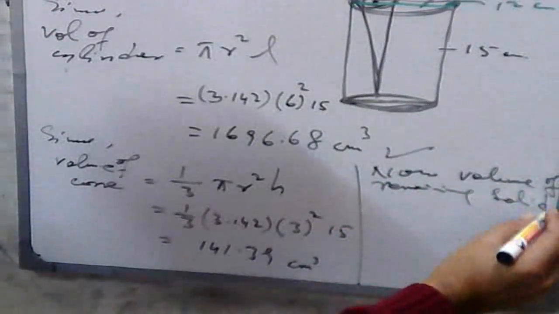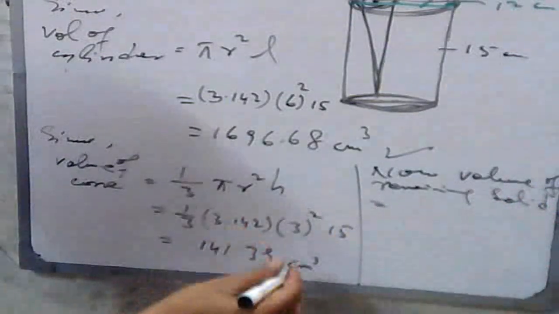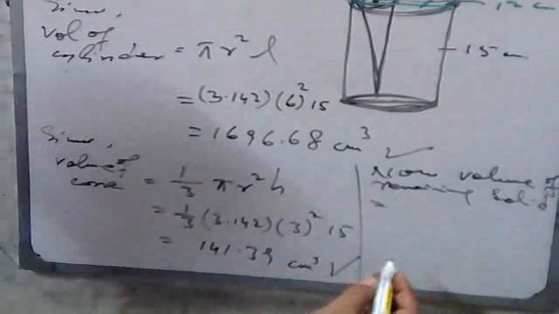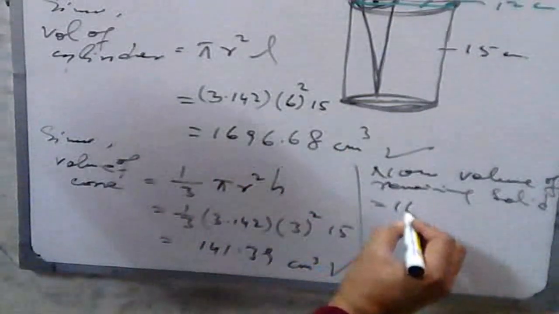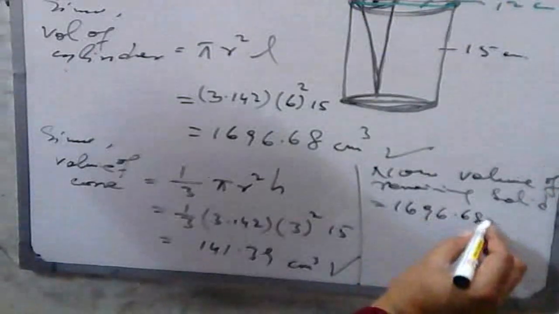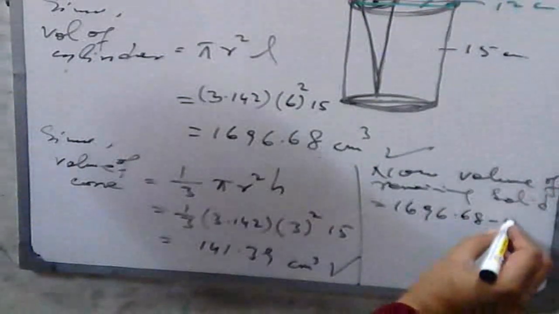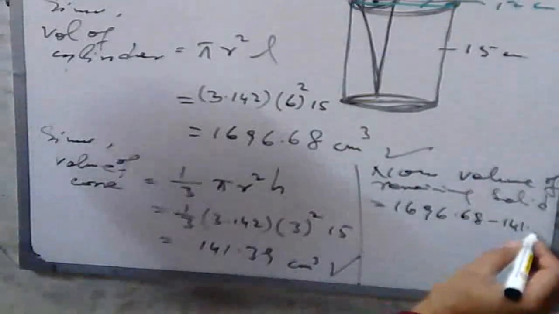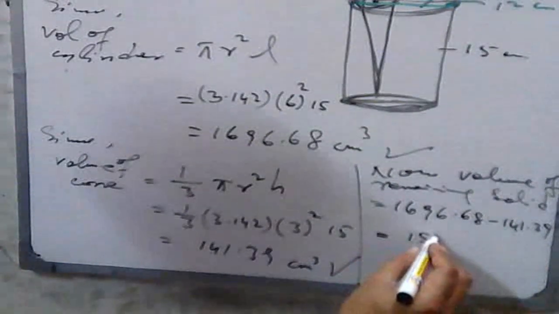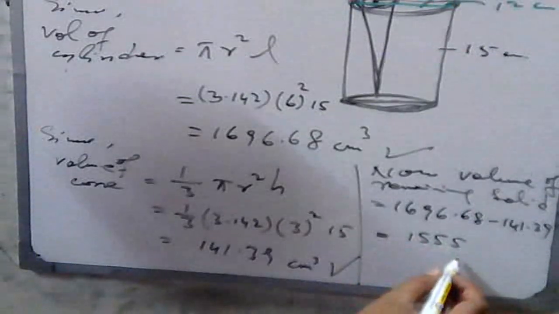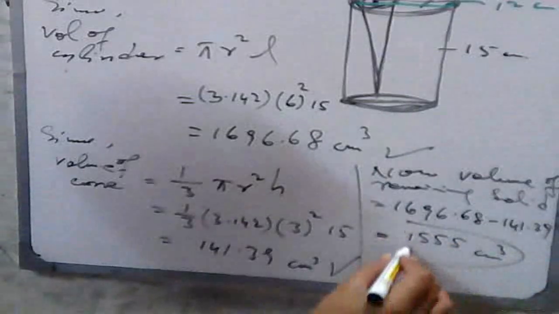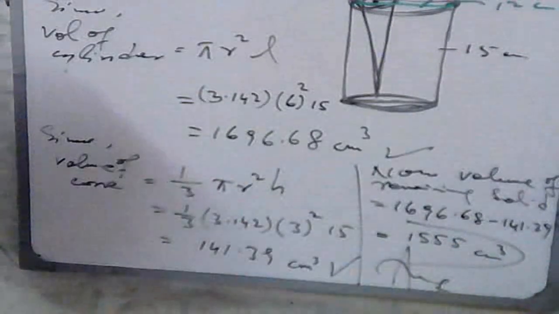It means we have to just subtract both results, the first result and the second result. So 1696.68 minus 141.39, you will get 1555 centimeter cube, which is your required result.